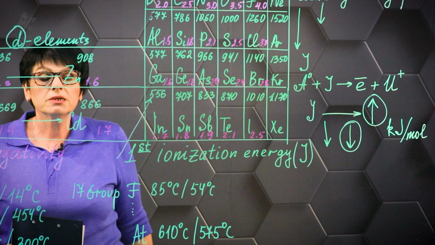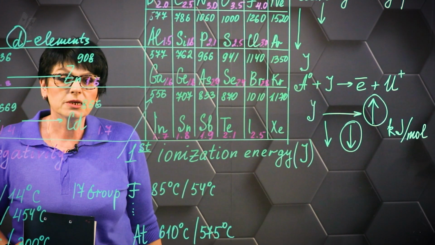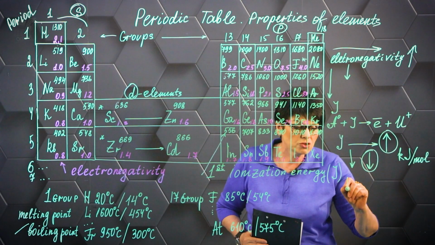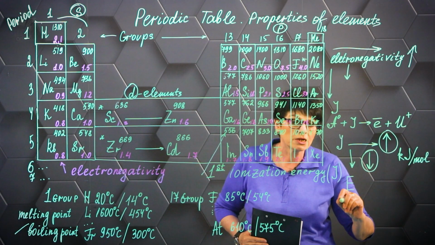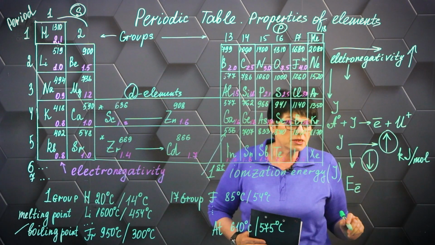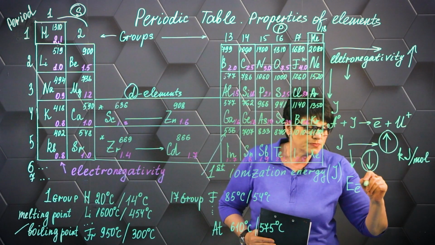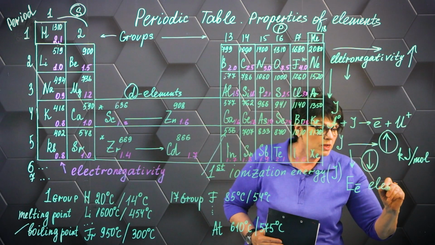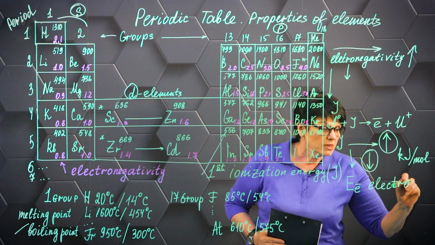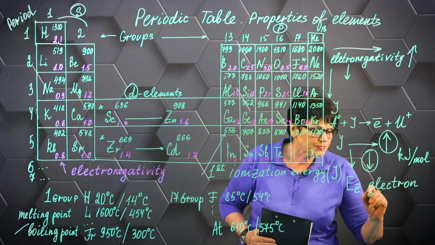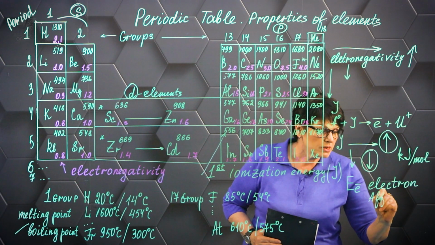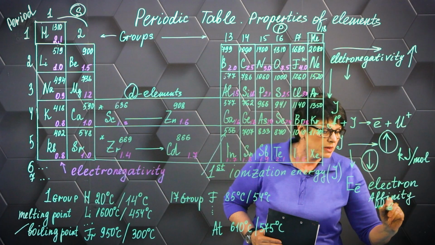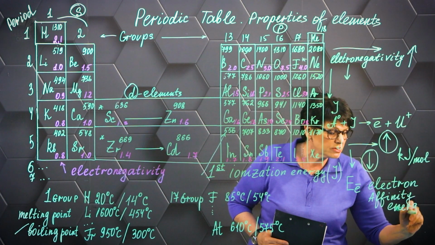Now, in addition to this energy, there is also an energy called the electron affinity energy. I haven't entered its data into this table. This electron affinity energy is written down in this way. It is also a characteristic for elements.